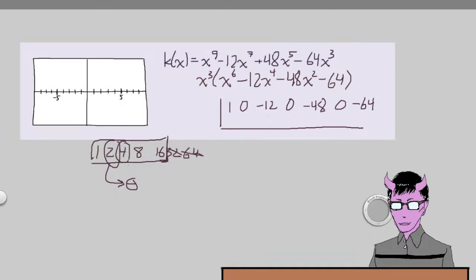So positive 4 as a 0 candidate reports back a positive result in the end. Unfortunately, I'm going to double check too. I don't trust myself at this point. Yeah, it's too large. That's too large.